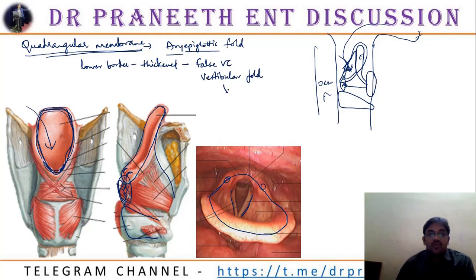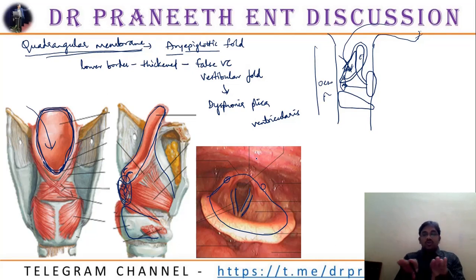The voice produced by this condition is called dysphonia plica ventricularis. If you take, this is the true vocal cord margin. So these two vocal cords will come together in the midline to produce voice normally.